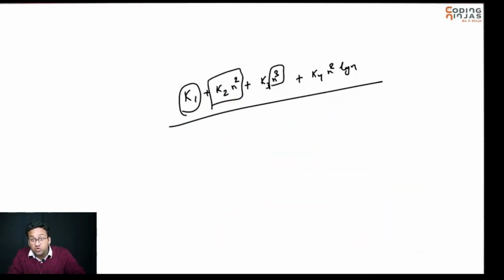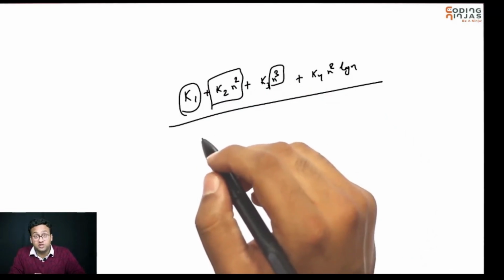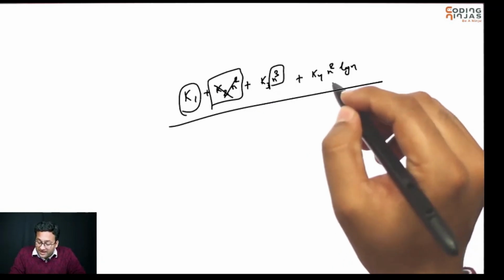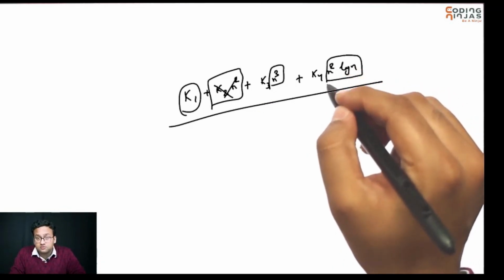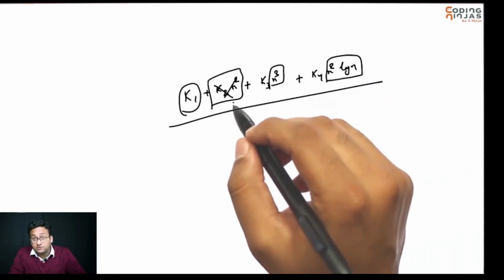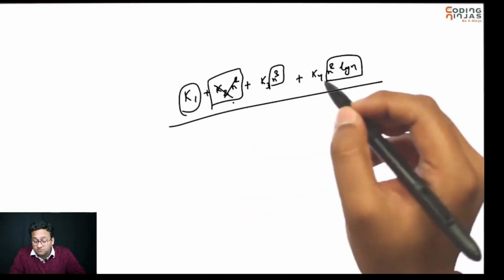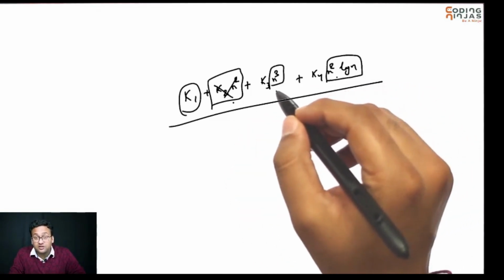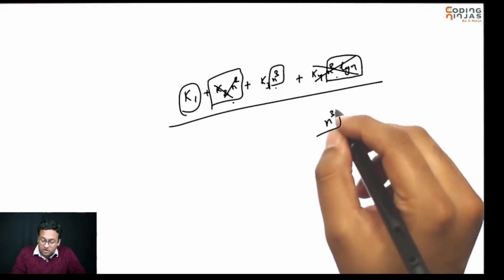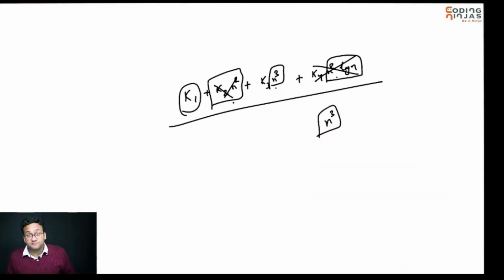N cube is huge compared to n square, it grows much faster than n square. So here we can get rid of this as well. N square log n is larger than n square, but it is going to grow slower than n cube, so we can ignore this term as well, and we can say our algorithm is an n cube algorithm.